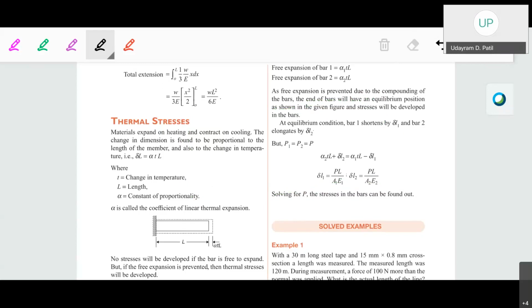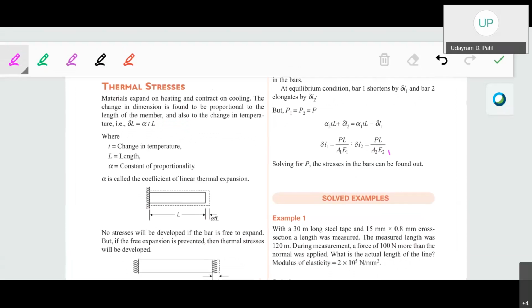So those are known as thermal stresses. Thermal stresses are the stresses which occur due to the change in the temperature of the bar, where the bar is restricted from elongation or contraction or free expansion. In that case, we have to calculate the stresses that will occur in that particular member.